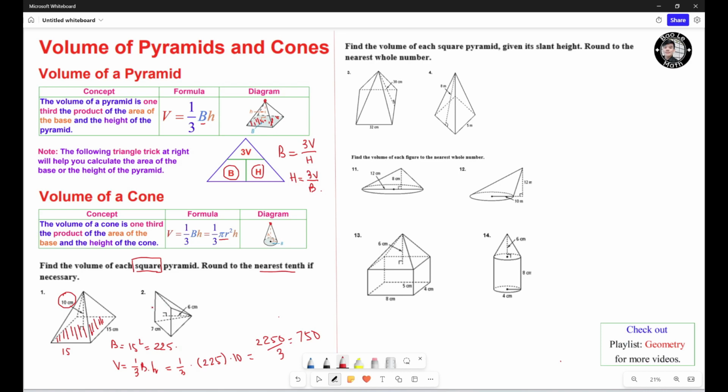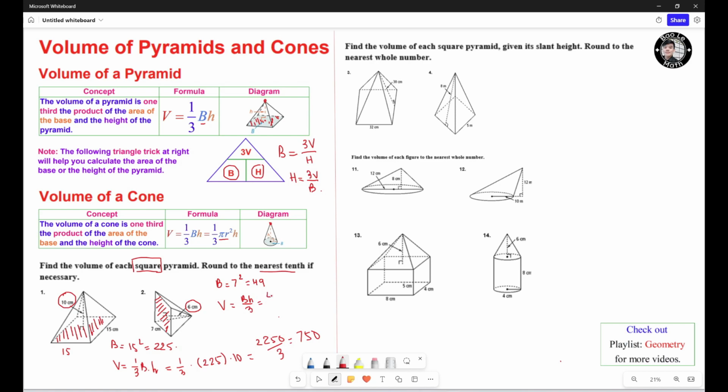Alright, we need to shade the base and circle the height. The base right here, and the height right here. So the area of the base is going to be 7 squared. It's going to be 49. Volume is going to be base times H divided by 3.